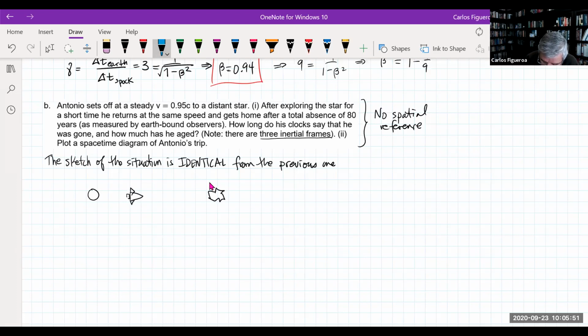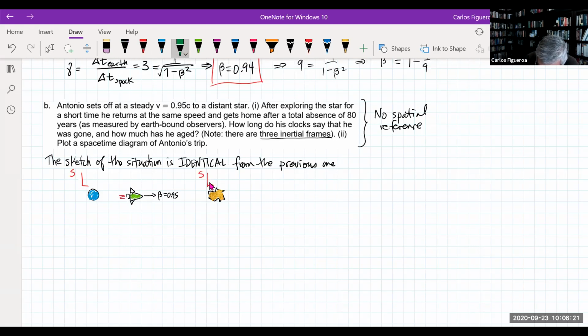So if I start to look at the scenario here, there's this star out here, and I know that these two are in the exact same inertial frame of reference. The only thing really happening is that this one is moving at 0.95 c relative to the Earth-star system.